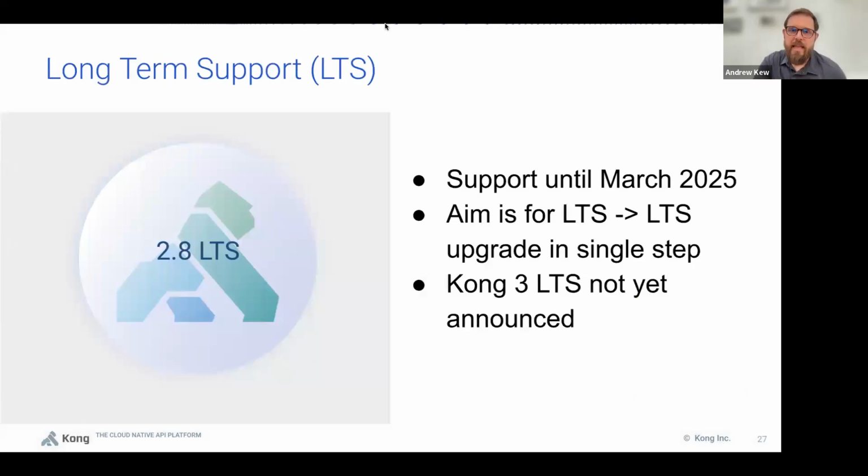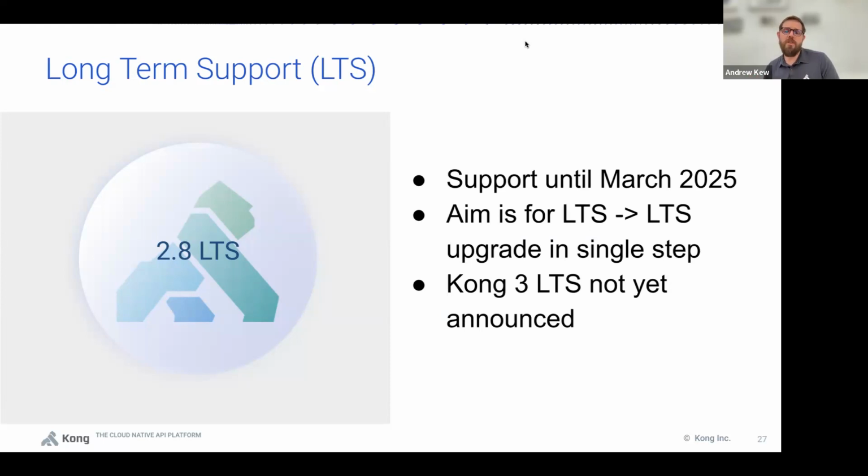So talking about that, if you're not on Konnect and you actually are on enterprise and you are wondering about support and maybe how this upgrade is going to be a little bit easier in the future, don't fret. The long-term support has been released by Kong. 2.8 is long-term support until March 2025. The aim is to do a one-step upgrade from LTS version to LTS version.